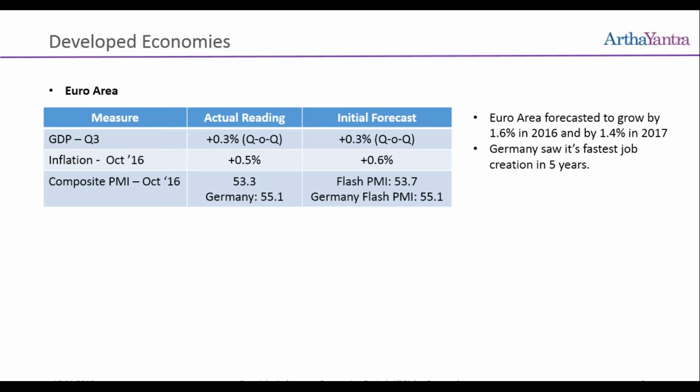And backlogs are a good proxy of how much work or capacity that the economy will be producing as an output over the coming months. There's a strong demand for new goods, there's a strong demand for new services, and at the moment there is also a capacity constraint. So what this means is that more jobs will be created in the euro area, which will help support the 1.6% growth for the European Union. However, this GDP is projected to grow by only 1.4% in the next year.